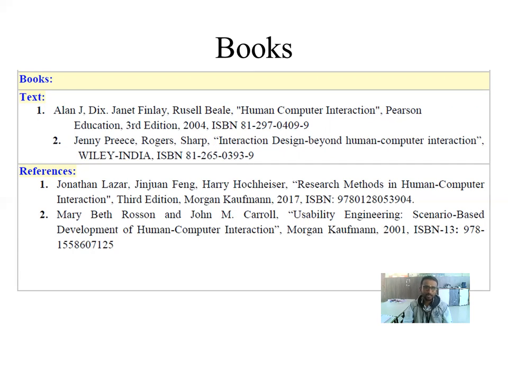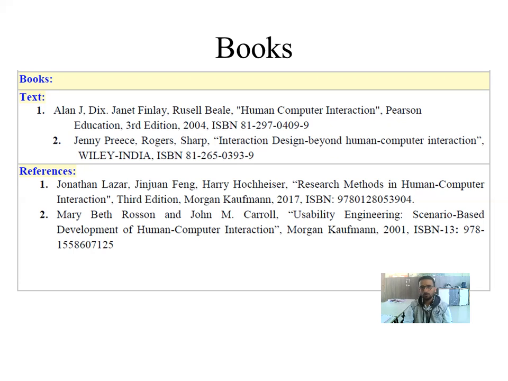The second reference book you can refer to is Research Methods in Human Computer Interaction, which is by Jonathan Lazar and Jinjuan Feng. Okay, so there are multiple authors for these books. And one more reference book is Usability Engineering: Scenario-Based Development of Human Computer Interaction. This book can also be referred to study this subject.